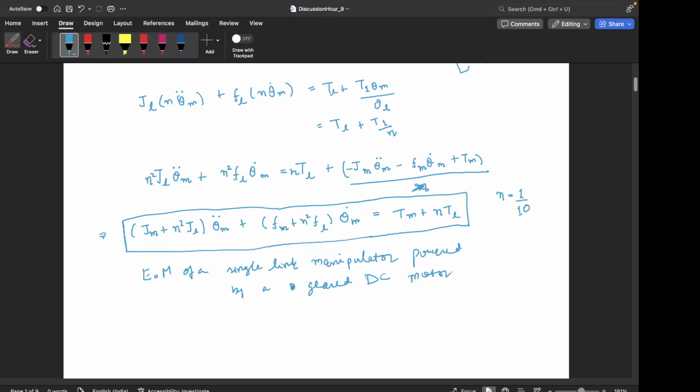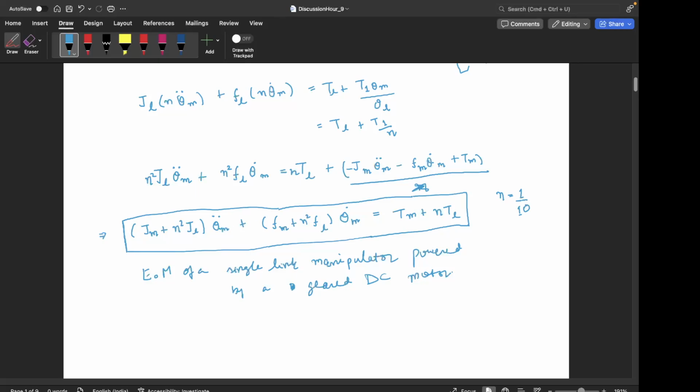So the motor torque is multiplied 10 times at the output, and in the reverse order, if any torque is applied at the output link, then its effect is diminished by a factor of 10. So that's what this nTL represents, that if at the output link I apply a 10 newton meter torque, then the motor experiences a 1 newton meter torque, because of this gear train.